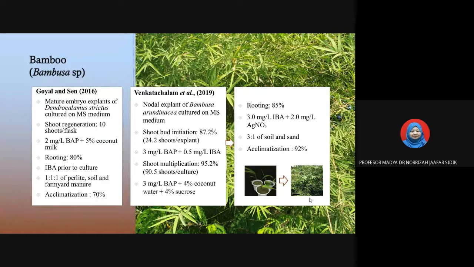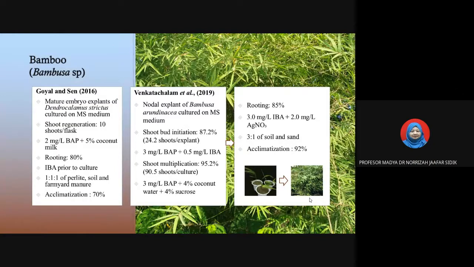Okay, for bamboo, you concluded just now which one is the best one, is the Bambusa. Which one? Bambusa arundinacea, right? Yes. So which one is the best one? Bambusa arundinacea. Yes. Okay, so you compared with another one, Dendrocalamus strictus, right? Yes, doctor.